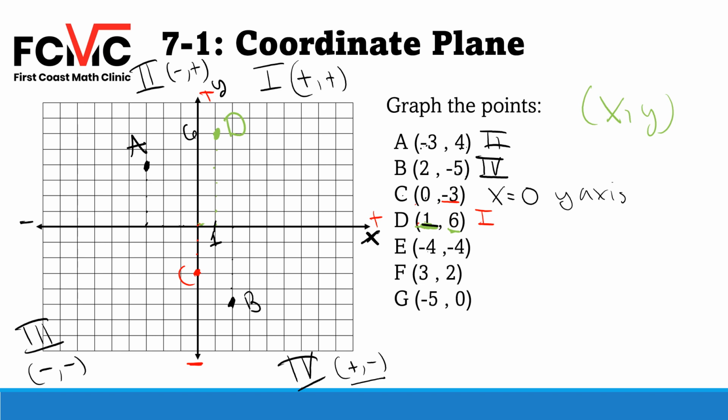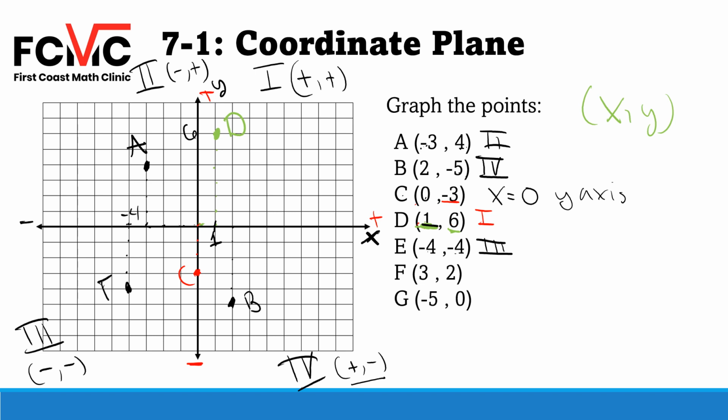E is (-4, -4), so negative, negative. That's quadrant 3, so I'm going to go 4 to the left. So 1, 2, 3, 4. So we're at -4, and then I'm going to go down 4. 1, 2, 3, 4.